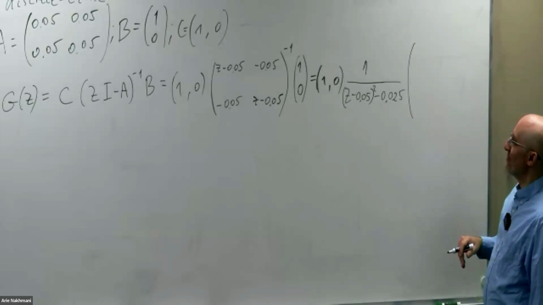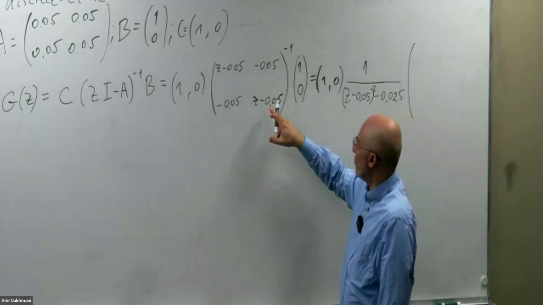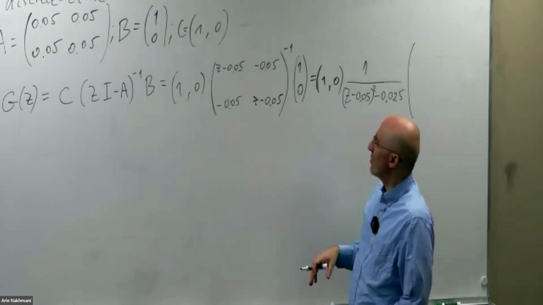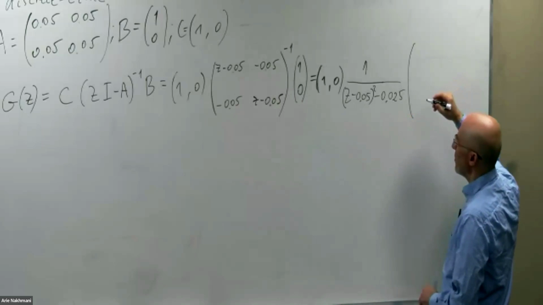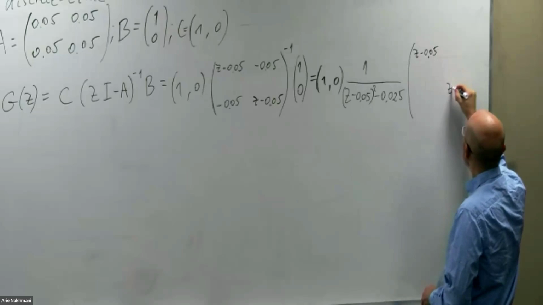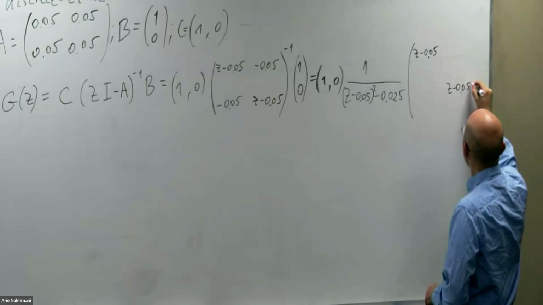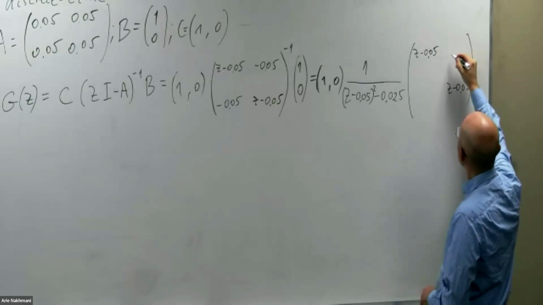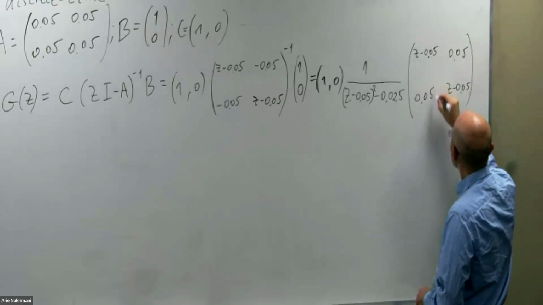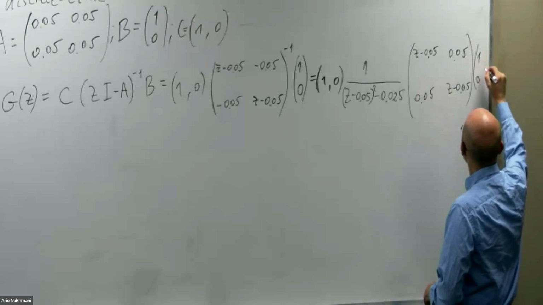All right, so how do we invert that matrix? We switch these two values and make minus and minus here, right? It will be the same value, Z minus 0.05, Z minus 0.05, here's plus, 0.